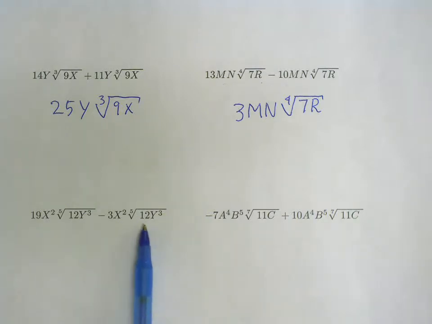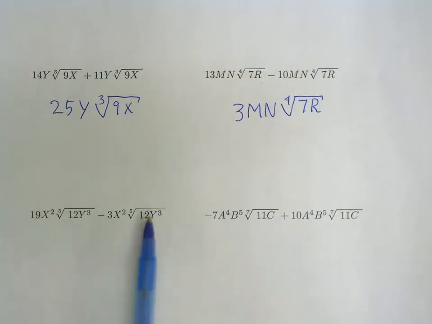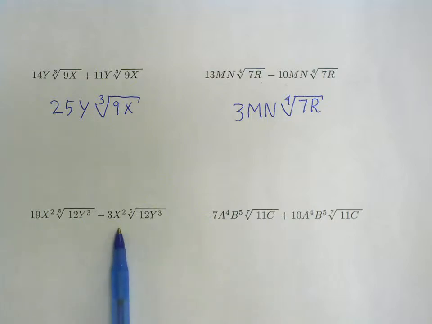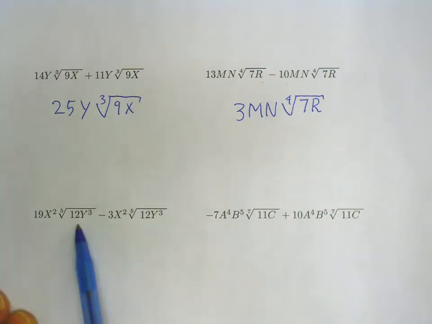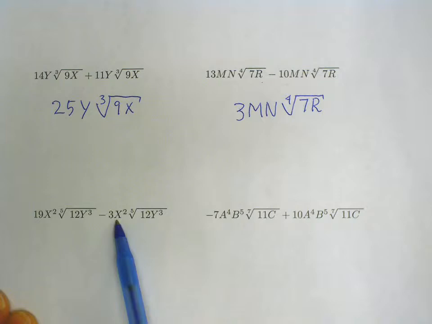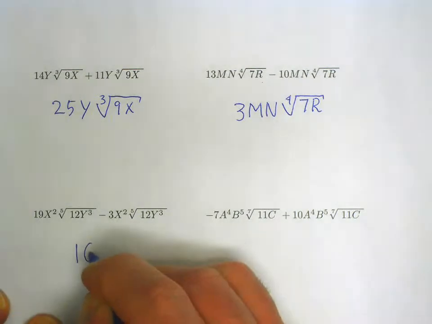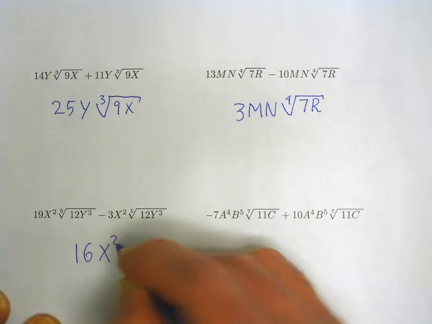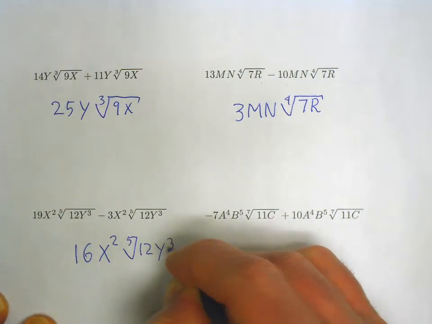The radical is as simplified as it can be, and they are identical, but also the variable parts on the outside have to be the same, and they are the same, so we can combine by subtraction. We have 19 of those terms minus 3 of the same kind of term, so altogether we just have 16x to the second times the fifth root of 12y to the third.